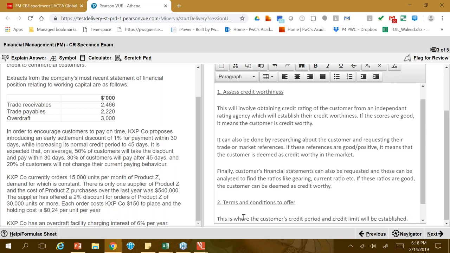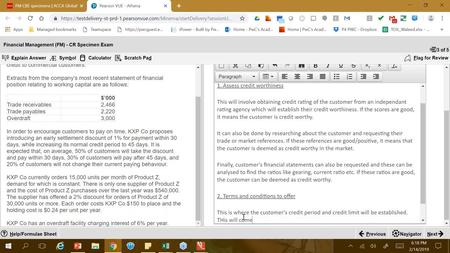Not enough to stop here. This will not give me much credit in the exam. I need to explain this point further. This will come from the earlier step where the customer's creditworthiness was checked.